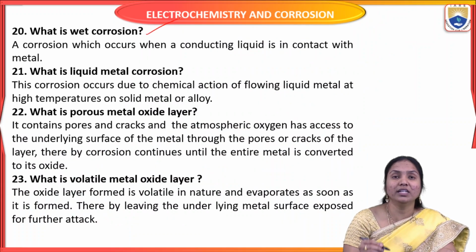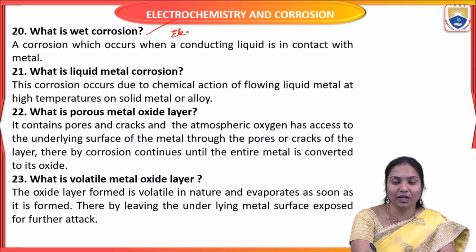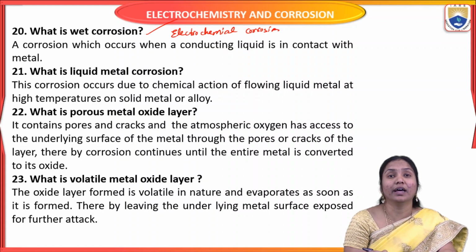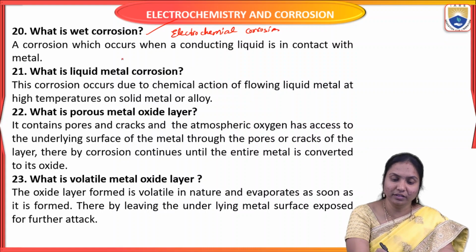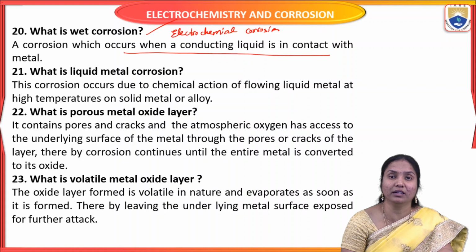The next question is, what is wet corrosion? Wet corrosion is also called electrochemical corrosion. This is a corrosion which occurs when a conducting liquid is in contact with a metal, or the metal is partially or completely dipped in a conducting solution.